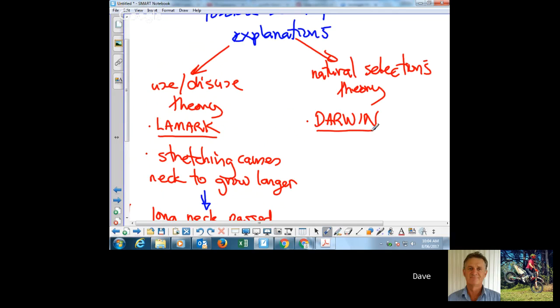Darwin's got all the acclaim because he got in first, and what helped him get acclaim was that in it he said something to the tune of that humans had a common ancestor with the apes.